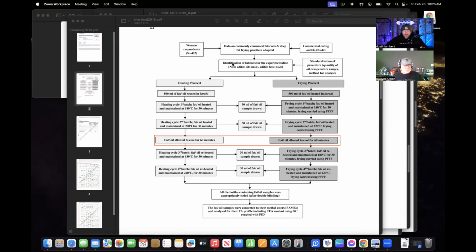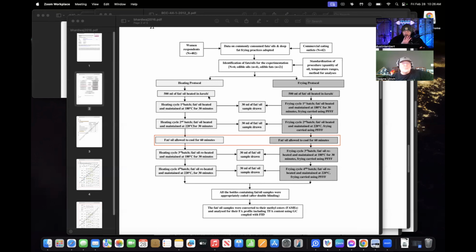And then they had kind of two arms. On the left side here, we have the heating protocol, which is just the oil. They put the oil in an oven and heat it up to a certain temperature. And then they did the same thing with the frying protocol, where they put it in a skillet or a pan to deep fry some French fries. So both arms of the trial are pretty much identical.